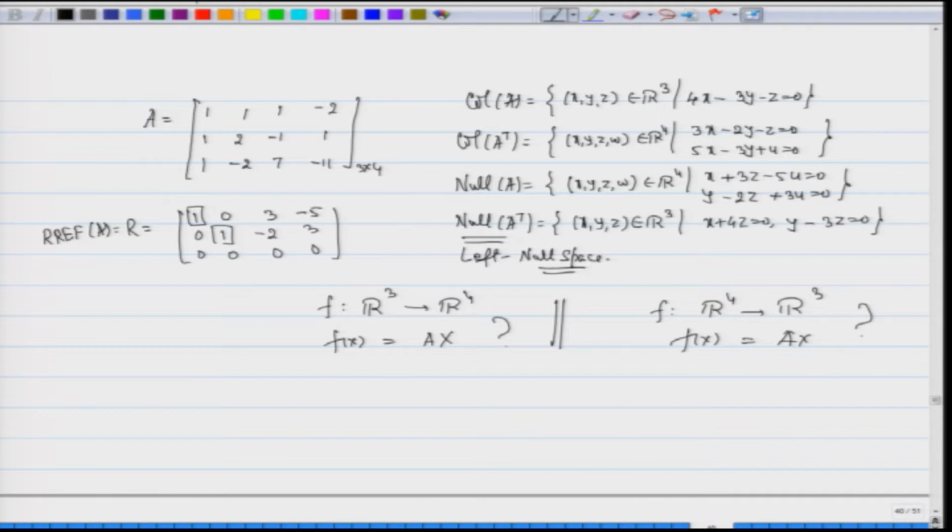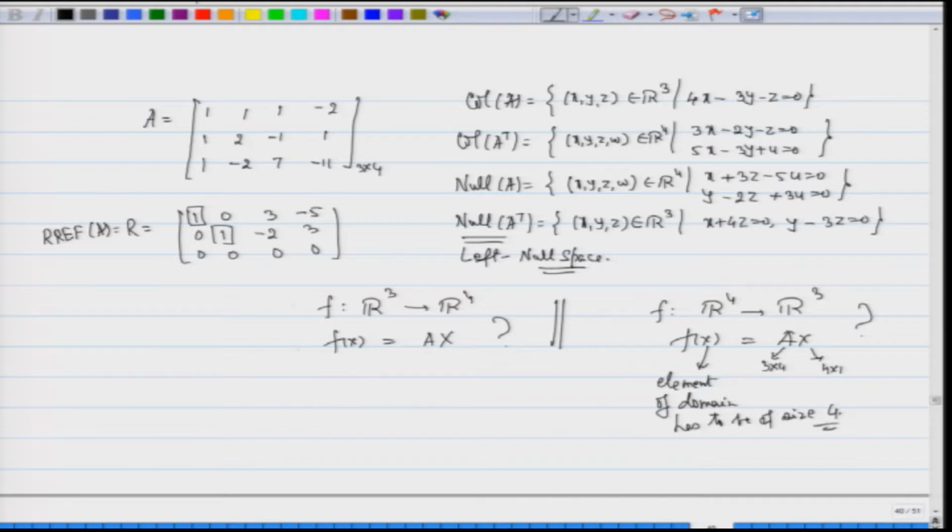So the idea to find out is to look at the matrix and look at the matrix multiplication. So the matrix is given to be A, which is 3 cross 4. So I need to have x which is 4 cross 1. So this x, which is the element of the domain, has to be of size 4.